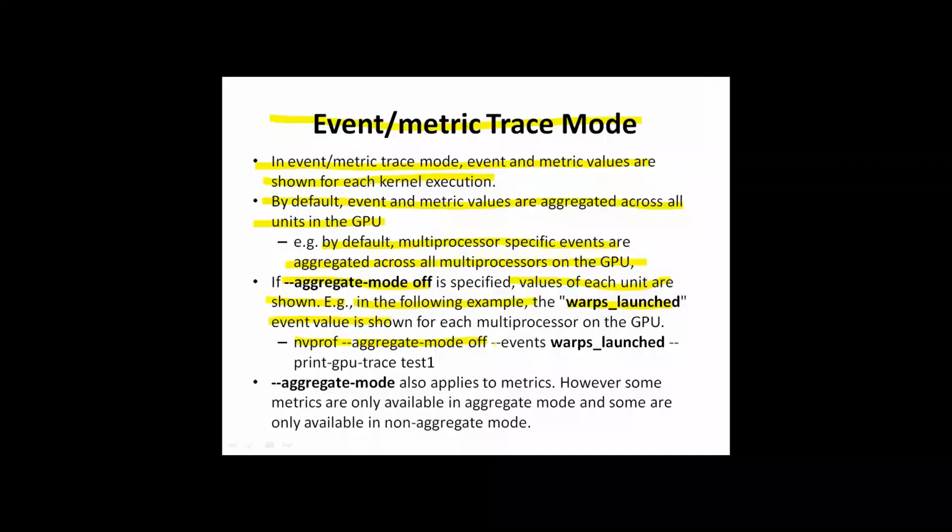Then the events we want to query, double hyphen events, and then warps_launched, that is the name of our event, and the mode is print GPU trace mode. So we can see that event metric trace mode is basically a combination of the previous event metric mode and the trace mode. It is the combination of these two modes, and then the name of our application.